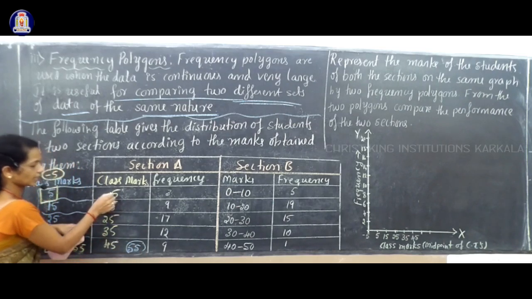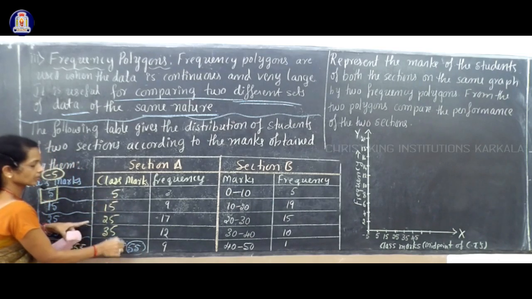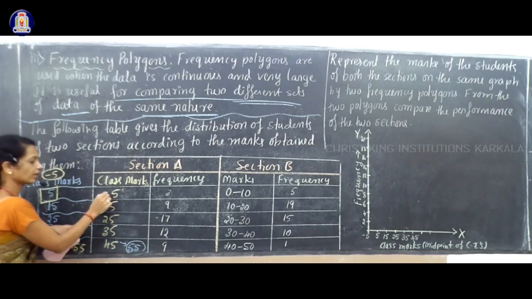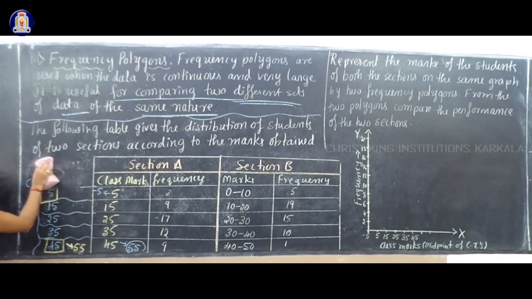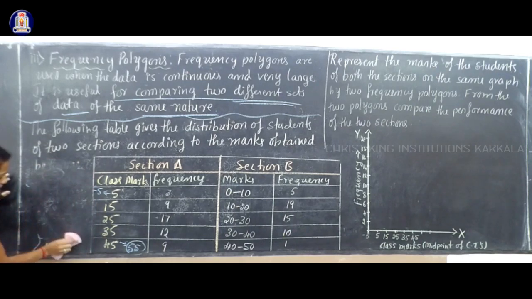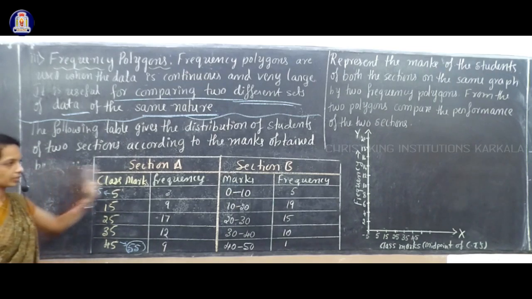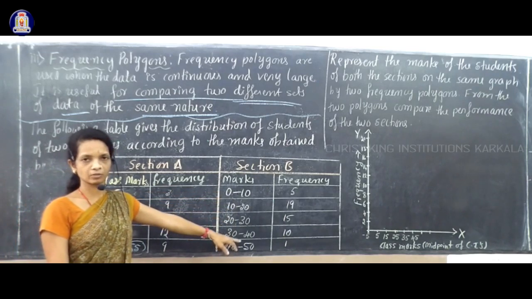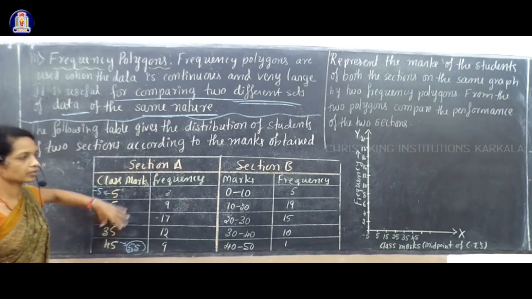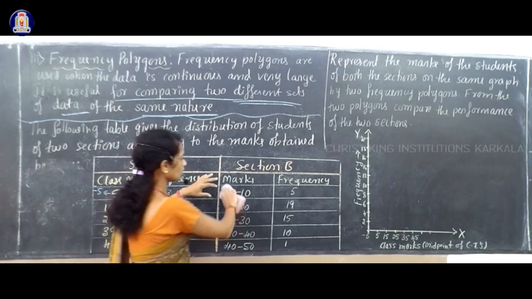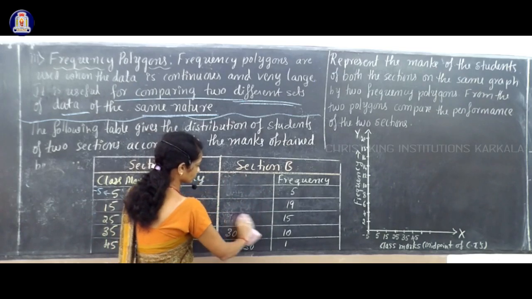And the previous class mark we need is 5 minus 10, which we calculated already, that is minus 5. So you have to make the table like this in the answer part. Here also we have the same class intervals, so you will get the same class marks. I will write directly here.